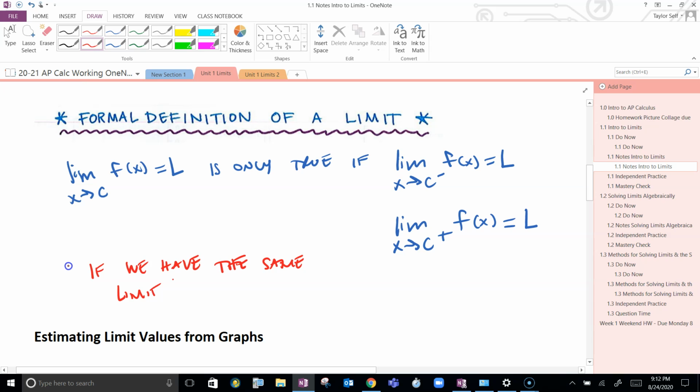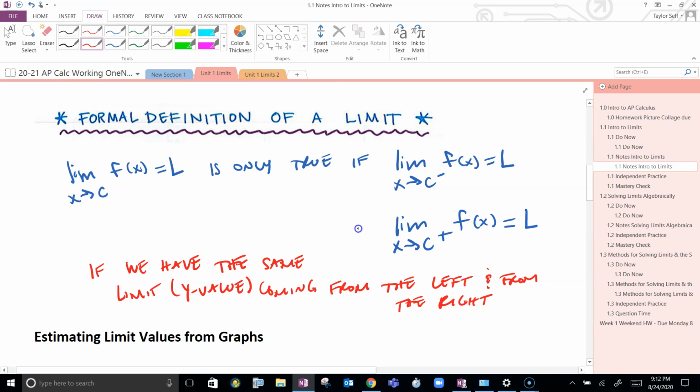And remember, a limit is a y value, so write that down. If we have the same y value or limit coming from the left and from the right. A limit exists only if you have the same limit coming from the left and coming from the right.